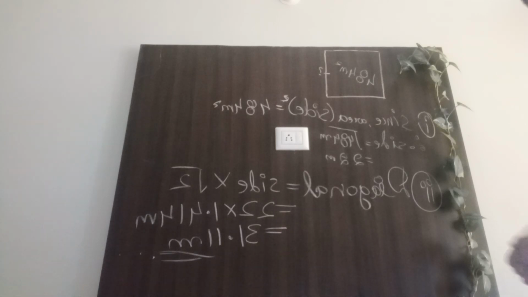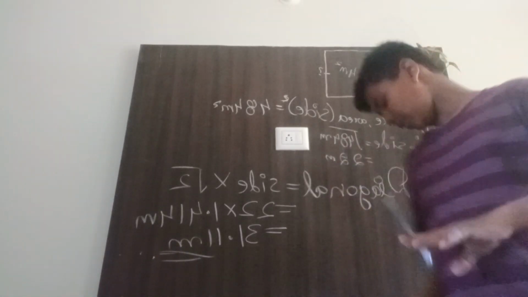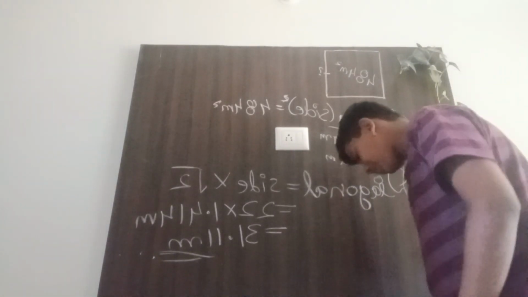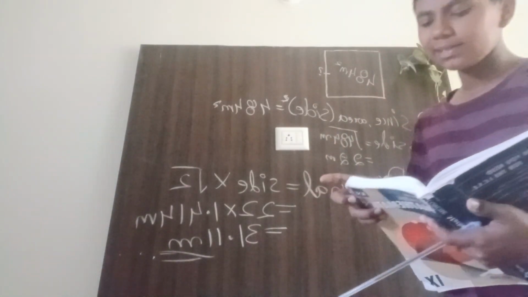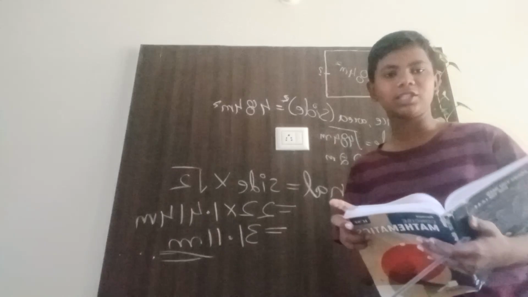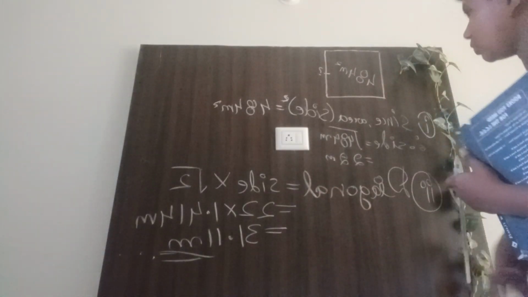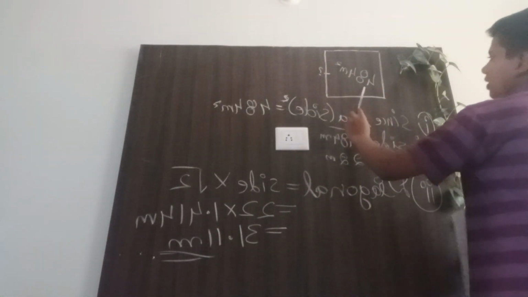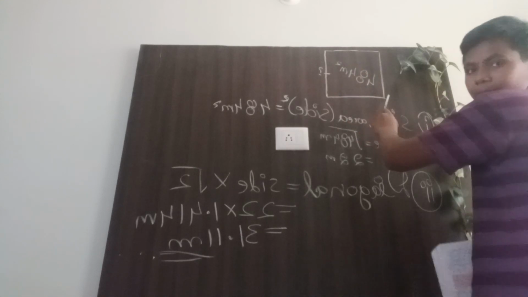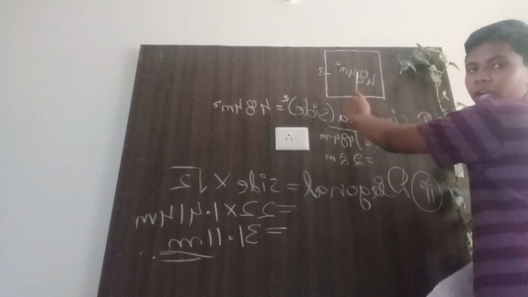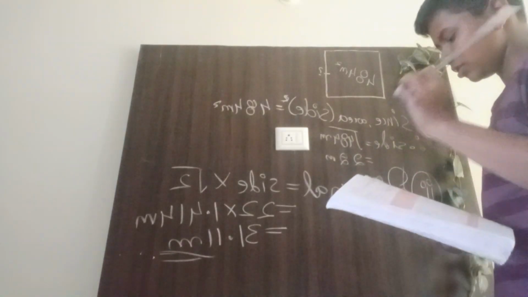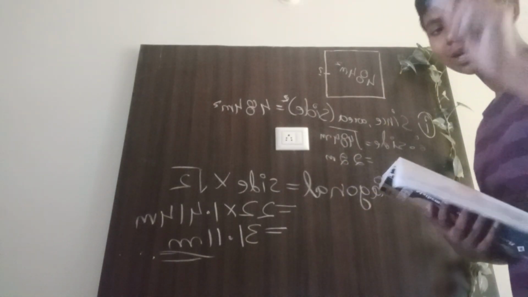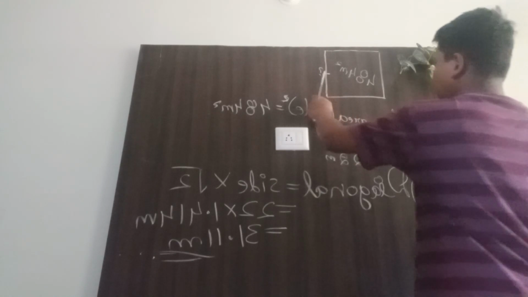First they've given the area of a square, which is 484 meter square. Then the first question is to find the length of its one side.